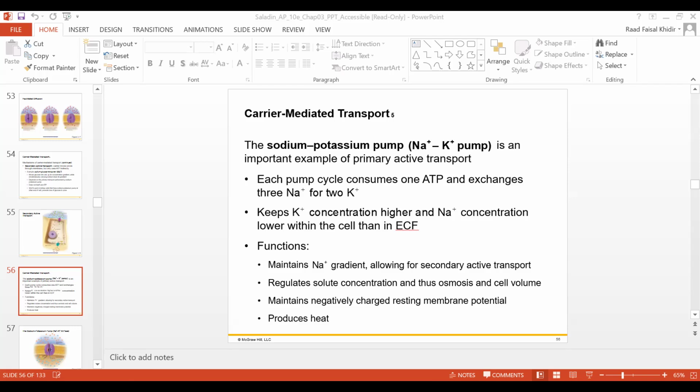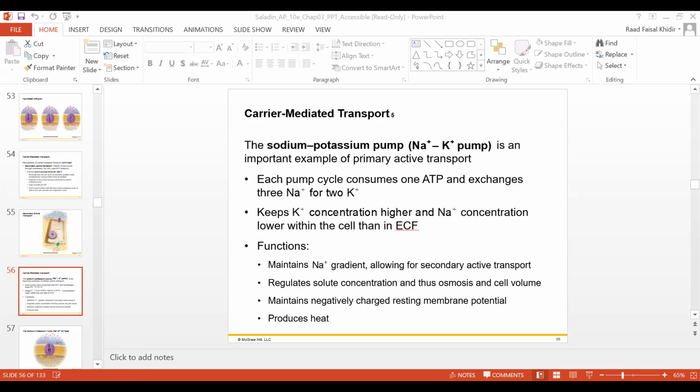Now, isn't that interesting? So what is it doing? And obviously, what is it getting paid to do? It's getting paid with ATP. It hydrolyzes ATP to ADP in order to send out sodium and bring in potassium.